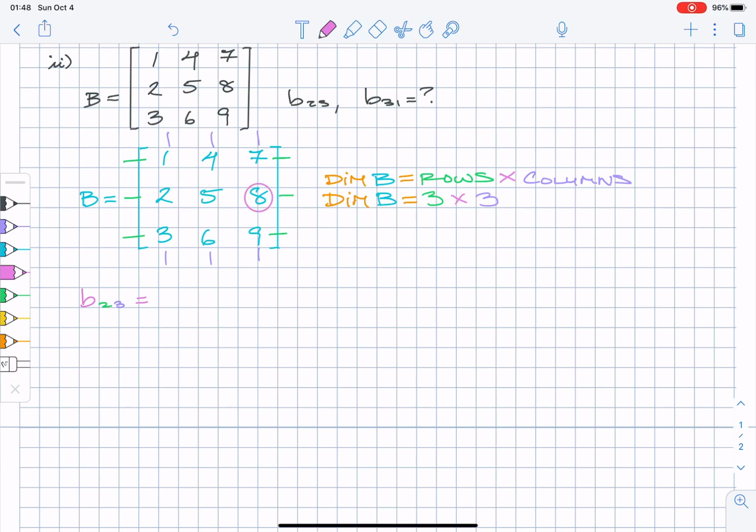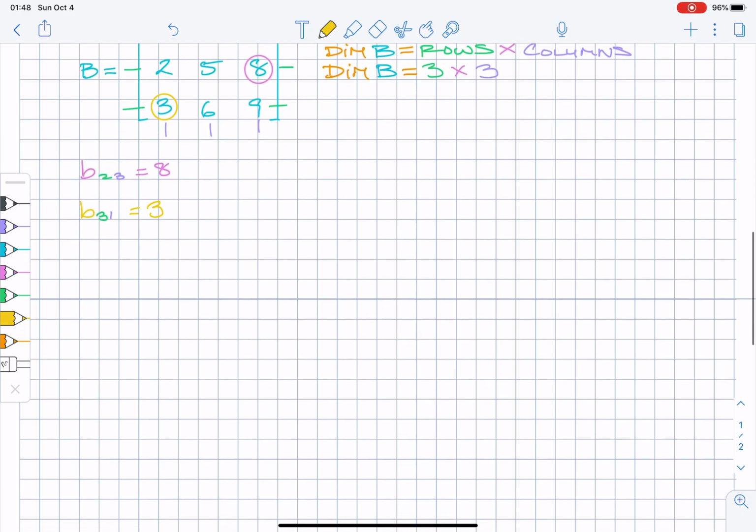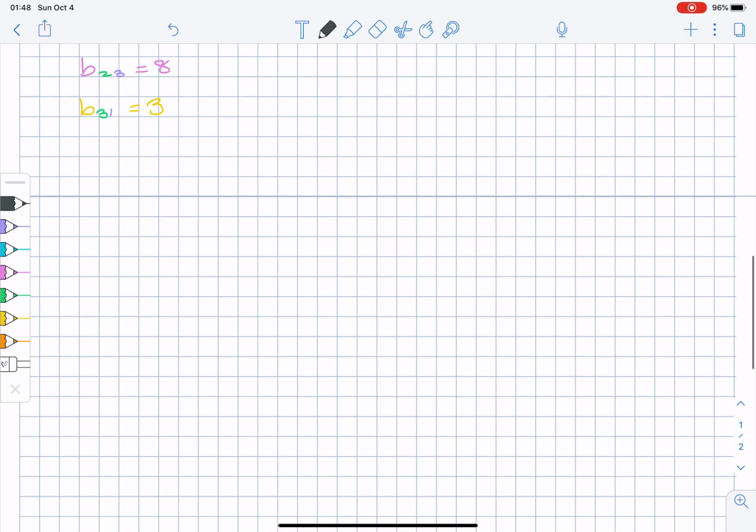So I claim that that's 8. And B sub 3, 1 is going to be the entry that's in the third row and the first column. So I claim that that is 3. Okay, let's do another one, number 3.